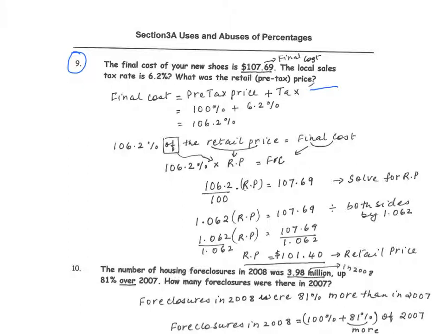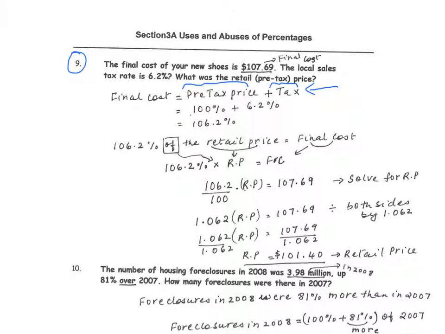Now, how do we calculate the final cost? There is a pre-tax cost, and we add the tax on that particular amount. And the final cost is the pre-tax cost plus the tax. So the local sales tax is 6.2%.